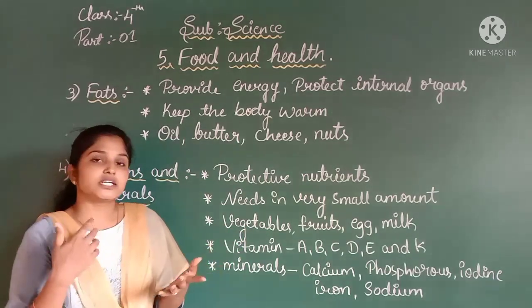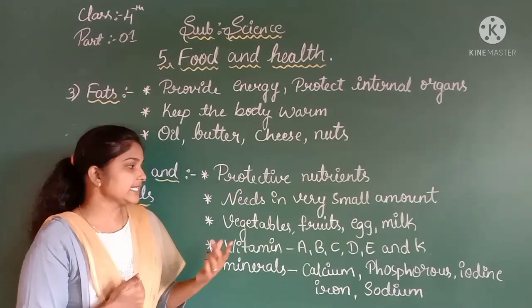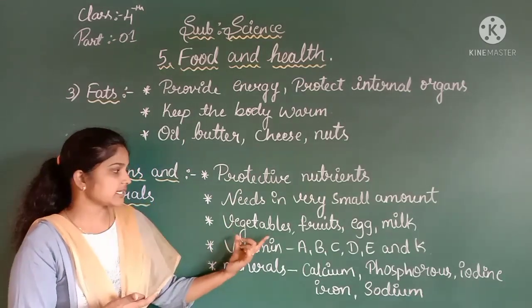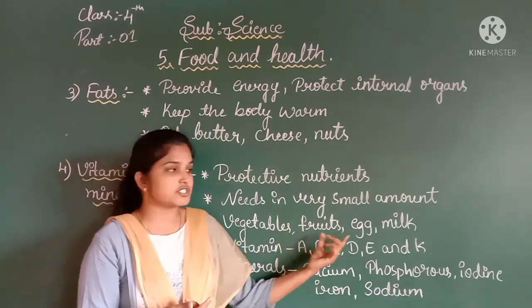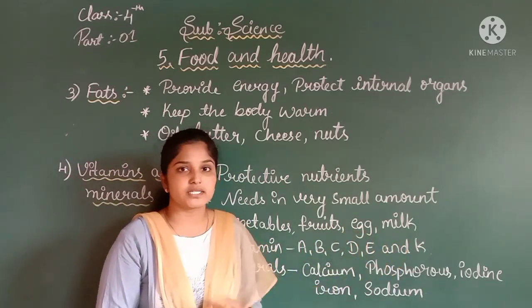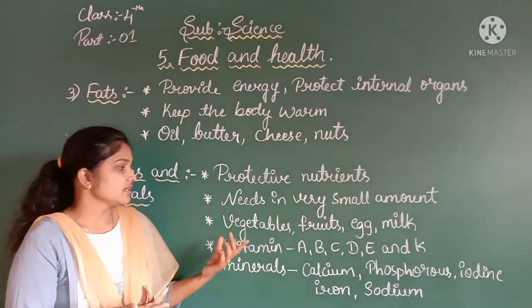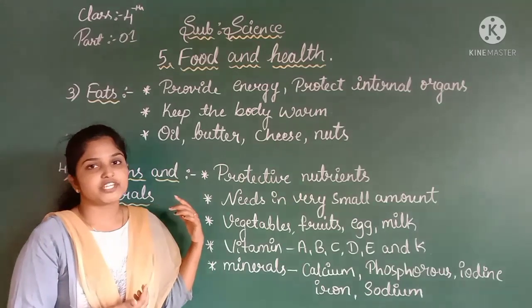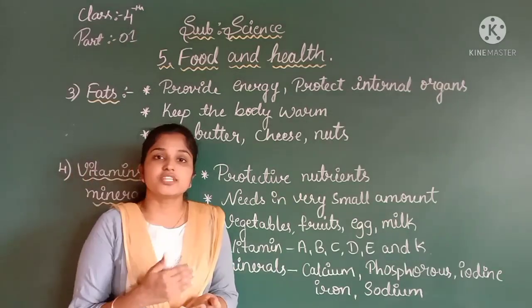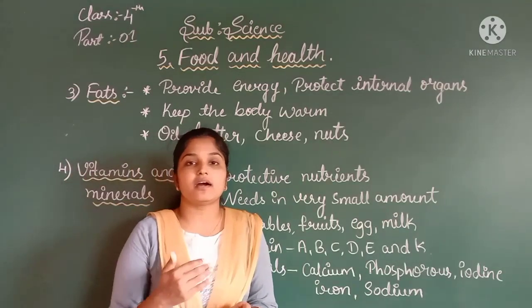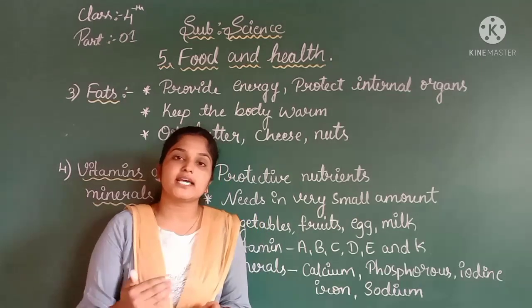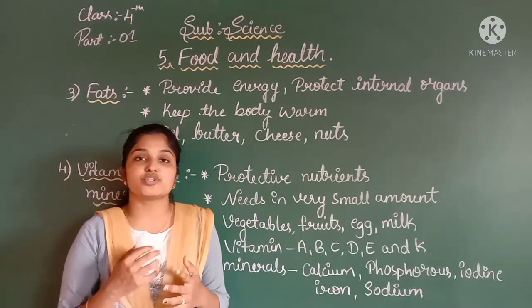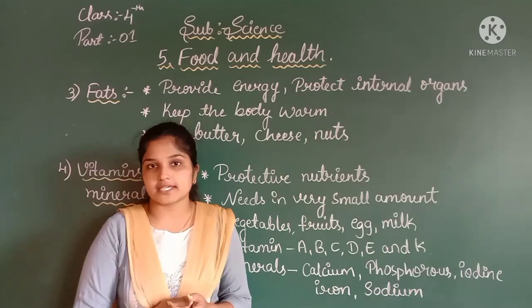Which foods contain these vitamins and minerals? That is vegetables, fruits, egg and milk. These vitamins help to keep our bones and skin healthy, and they also protect our eyesight.